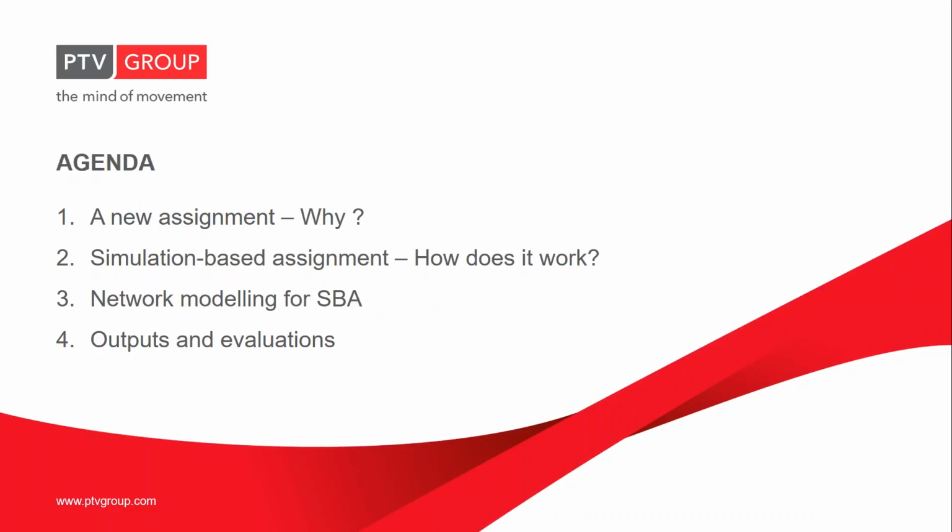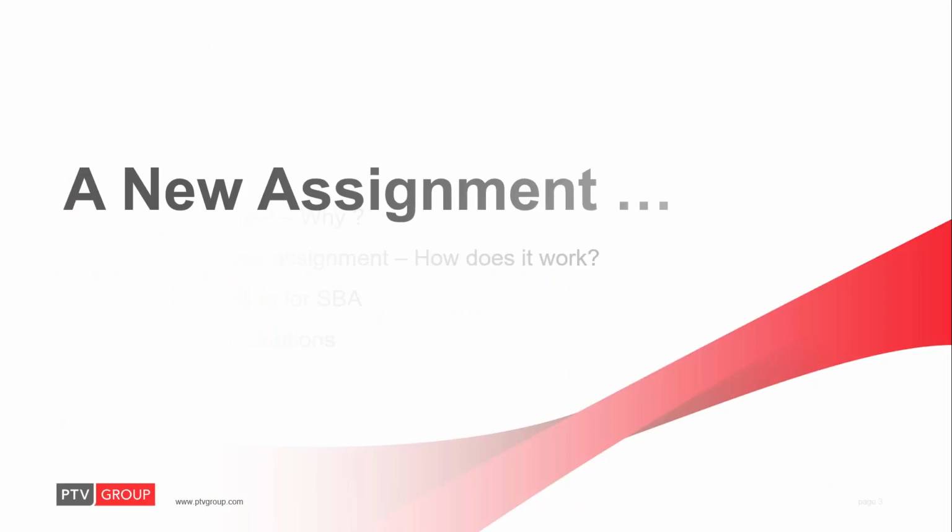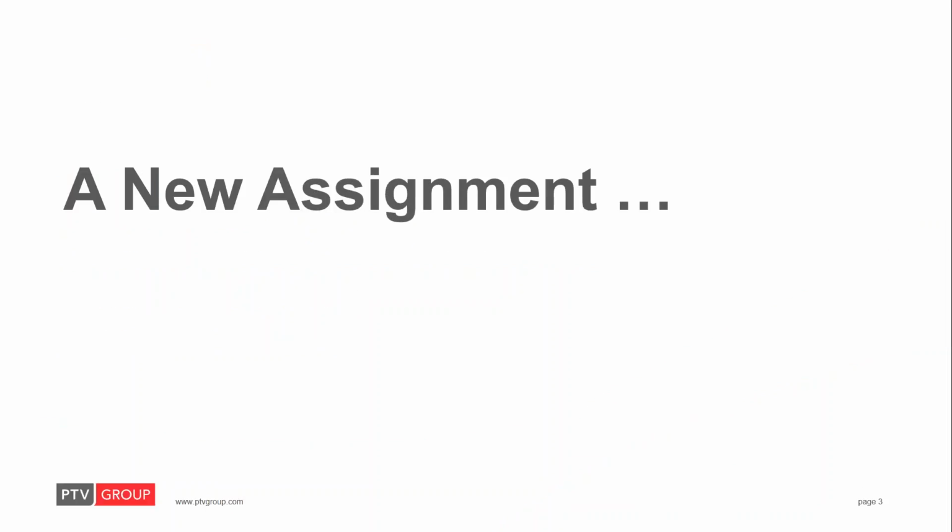And in the last part, we will look at one example and see what results are produced and what type of evaluations are possible. So let's start with the question why we implemented yet another assignment and how this assignment fits into the hierarchy of different approaches.